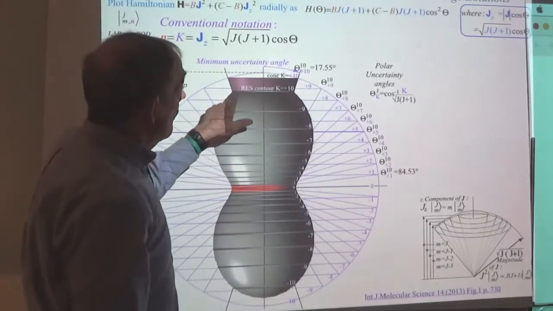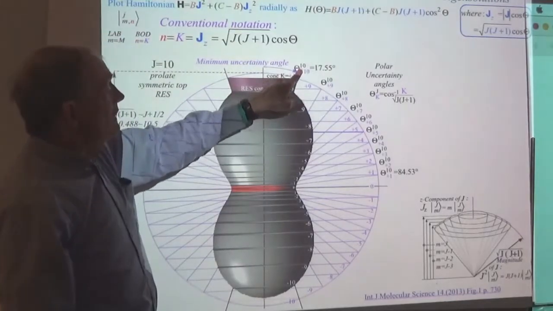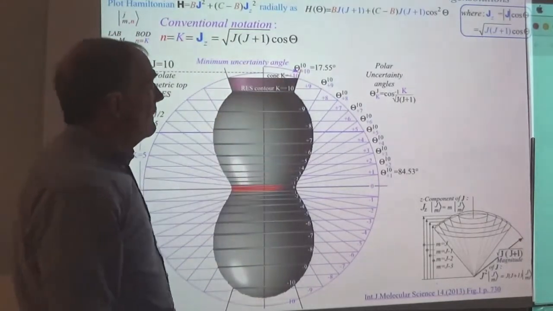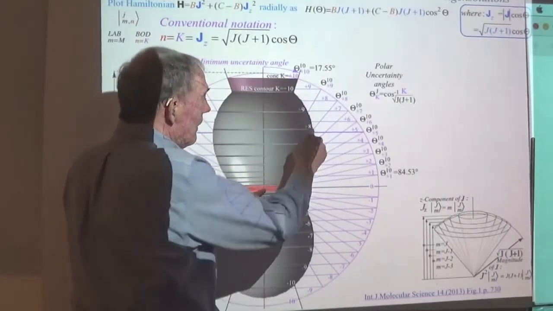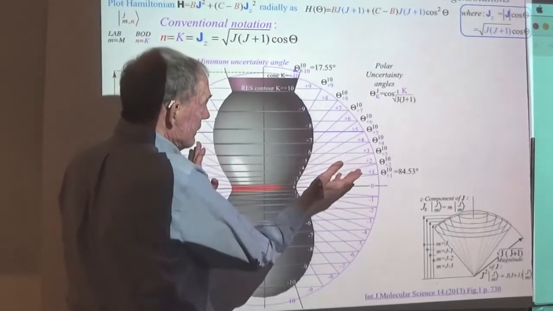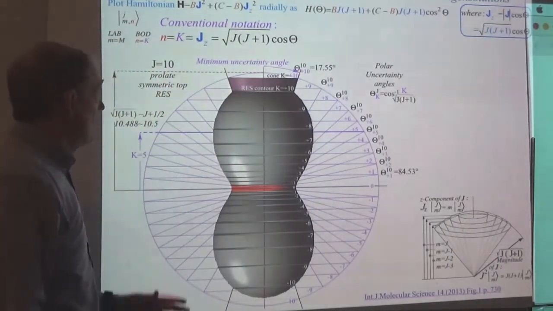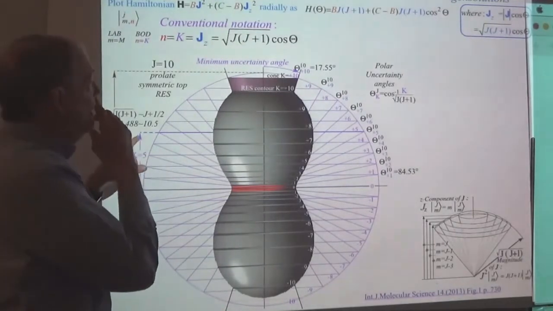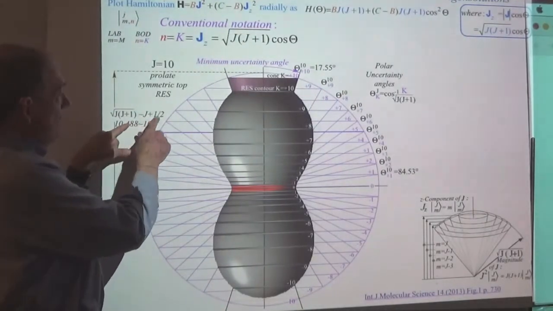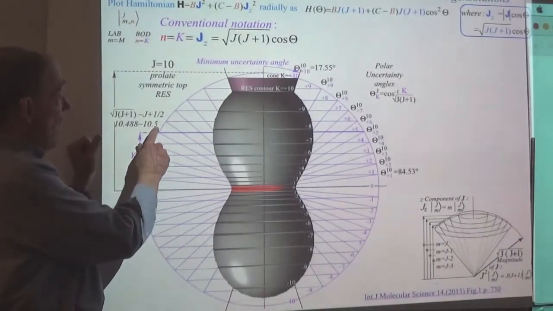And then I'm putting all the angular momentum cones that go with angular momentum 10 in there. What you're getting is the actual energy of the state for this particular Hamiltonian in angular momentum 10. So what we're getting is something that's really quite remarkable. You can see here that this J plus a half is pretty close to 10.5.